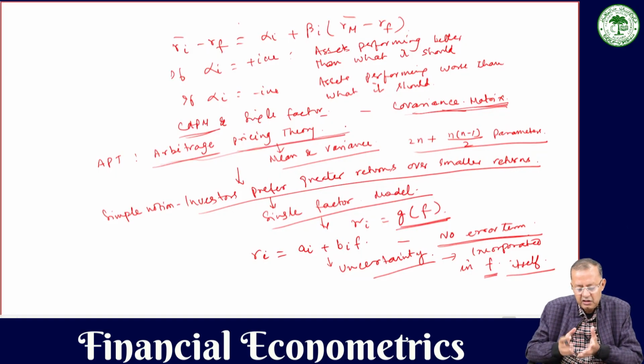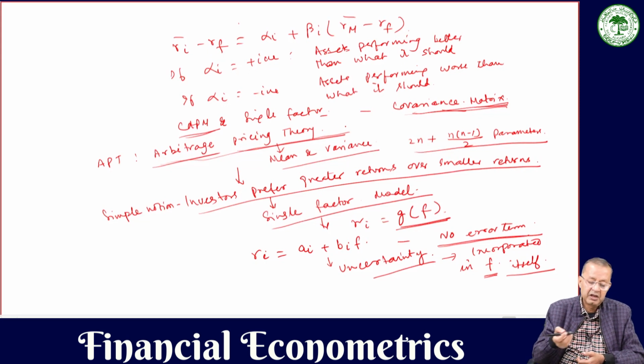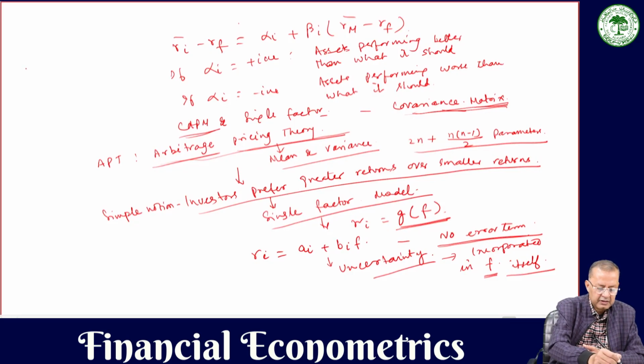So in total, let me close and finish off. We have talked about the Markowitz theorem, under which decisions were taken on the basis of mean variance, minimization of variance.